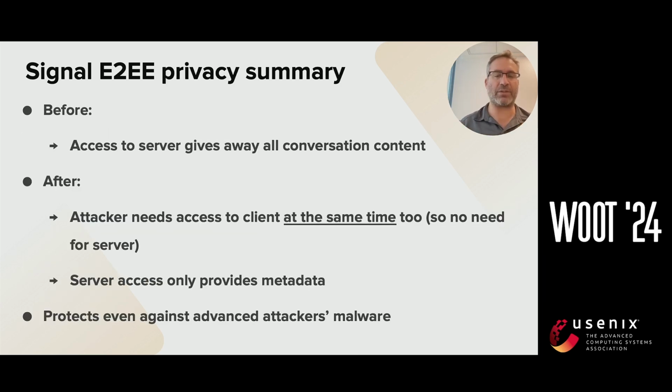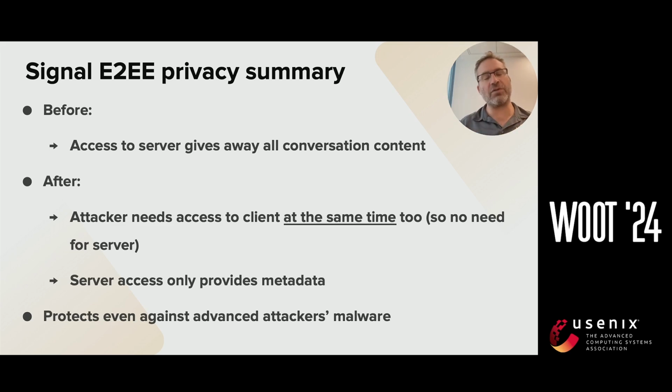So let's sum up what the user got out of this end-to-end privacy upgrade. Before, access to servers gave the attacker access to all of the conversations' content, and after, the attacker needs access to the client at the same time too, because on the server you only see the encrypted version without the keys. So if, as an attacker, I need access to the device in order to get real content, then there is probably not much use of that server access.